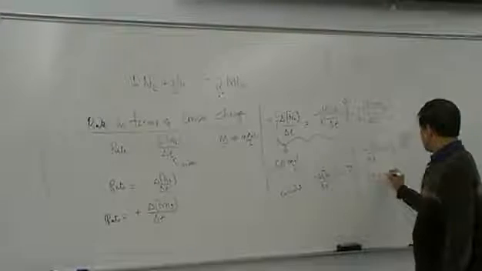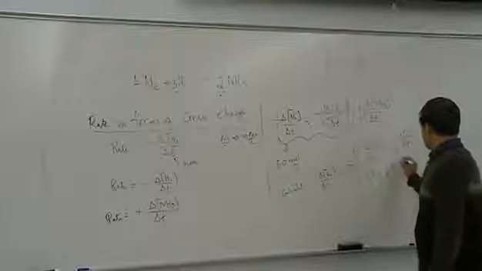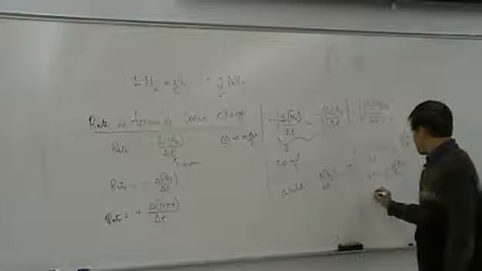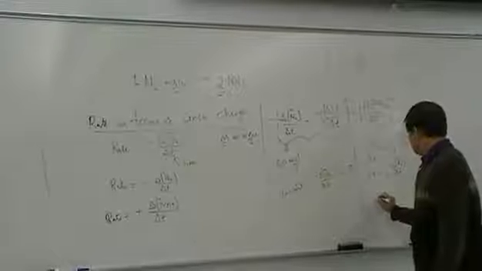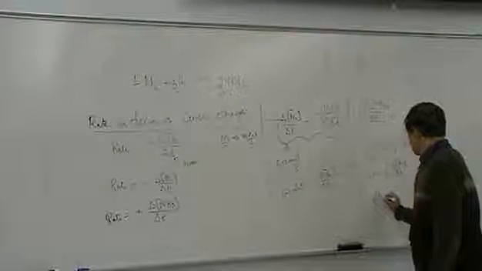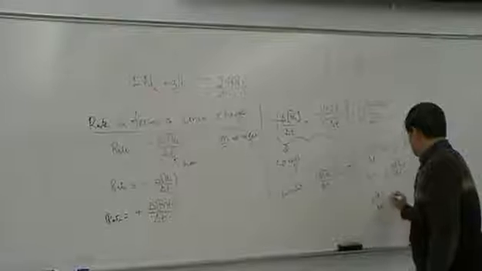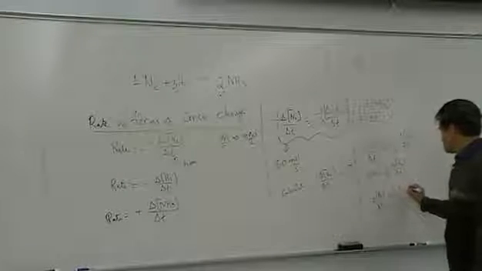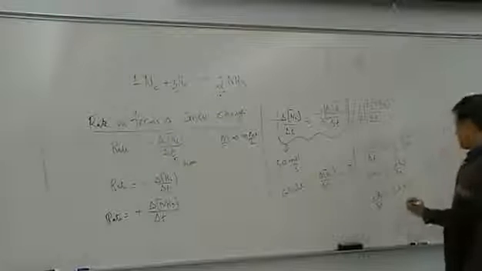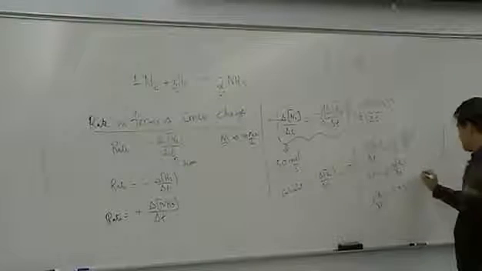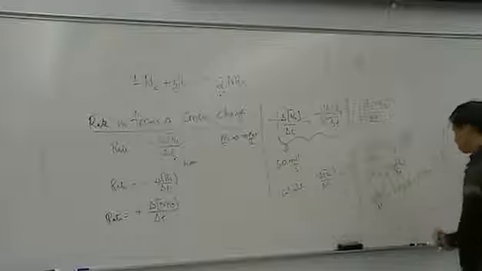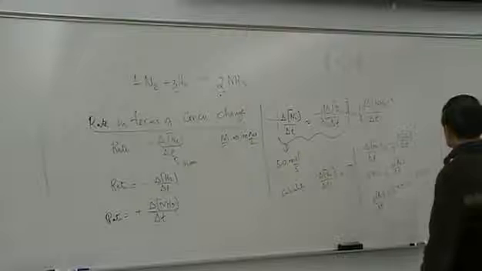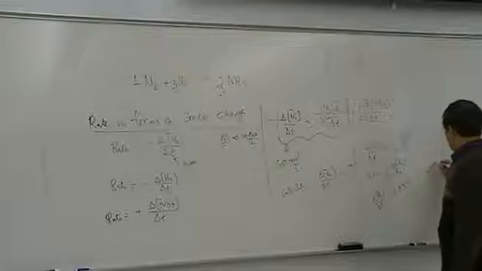So I have 5.0 equals to 1/3 delta H2 over delta T. So the rate will be given by, I'm just going by the positive number, but the meaning should not get changed. It's the disappearance of hydrogen, so that's 15. This would be mole per second.